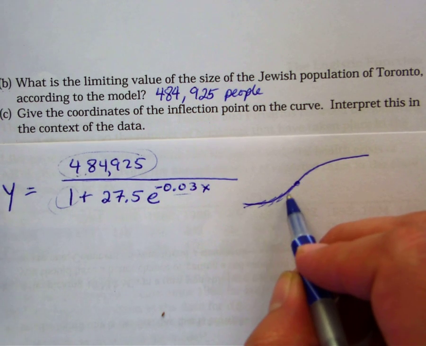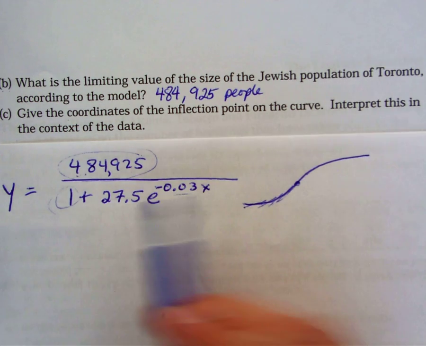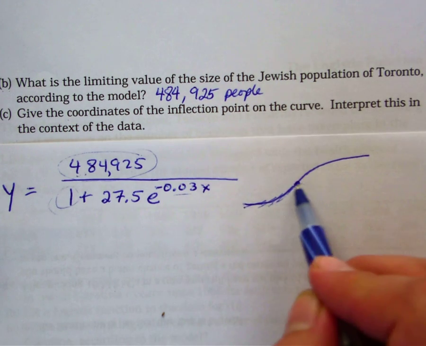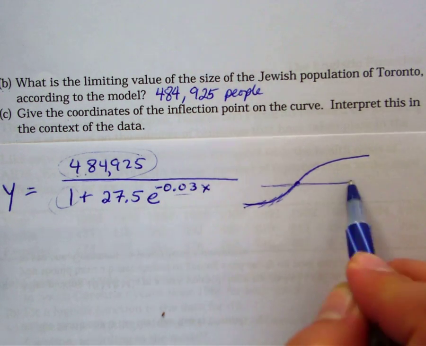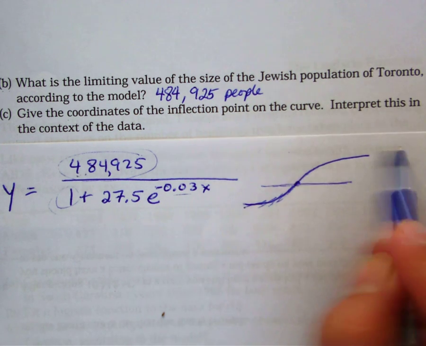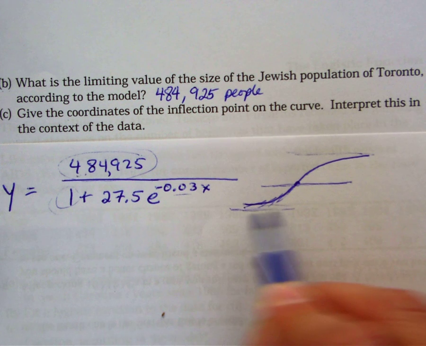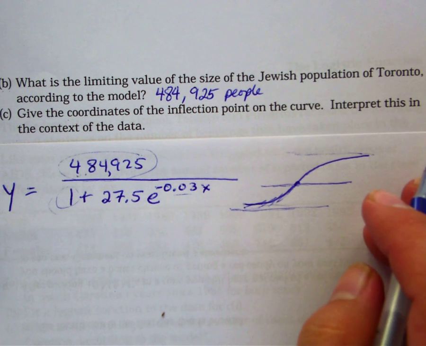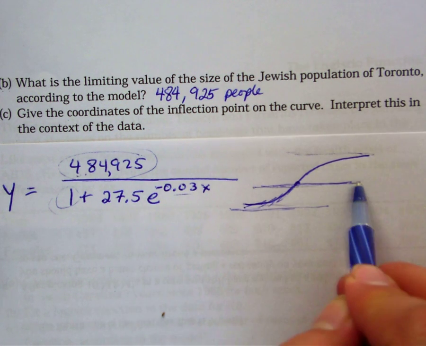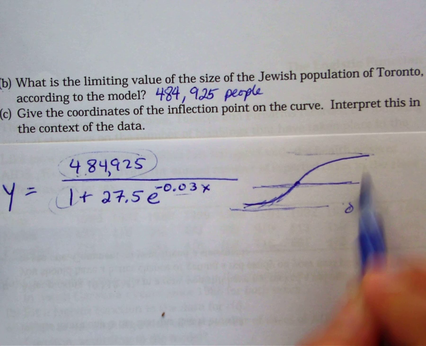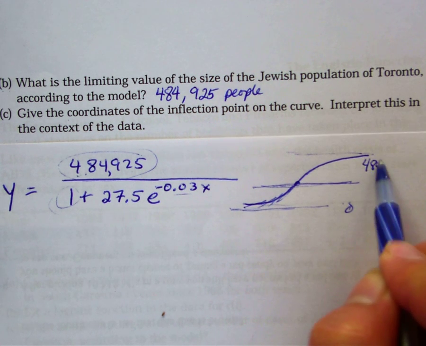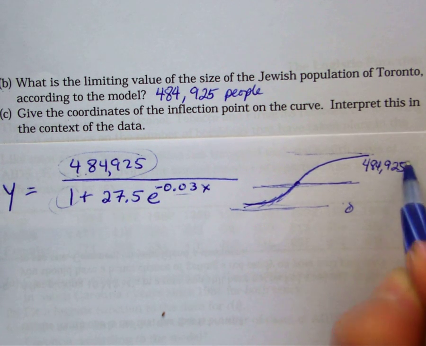And so to find that, we know that for logistic models, it's going to be halfway in between the horizontal asymptote at the top and the horizontal asymptote at the bottom. So we know that this value here is going to be halfway in between 0 and 484,925.